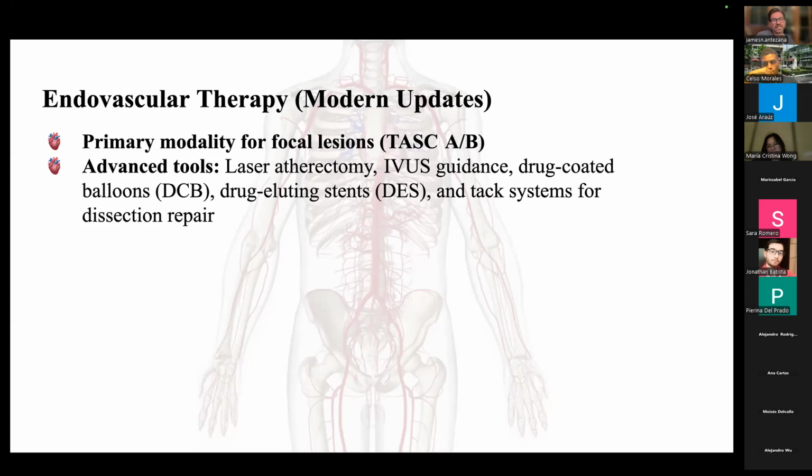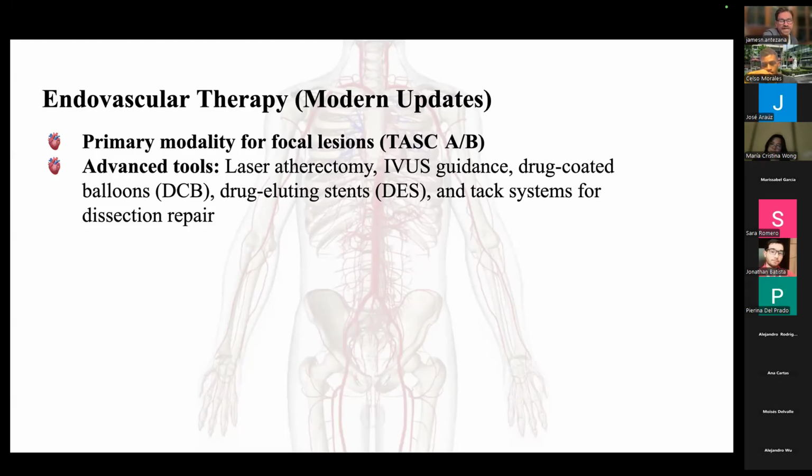Advanced tools in the endovascular world, as our students who rotated through our facility have seen, we use multiple modalities. Among them is laser atherectomy, where we do a photo evaporation of plaque that usually is heterogeneous, which is a mixture of calcium with fibrous formation or fatty formation.